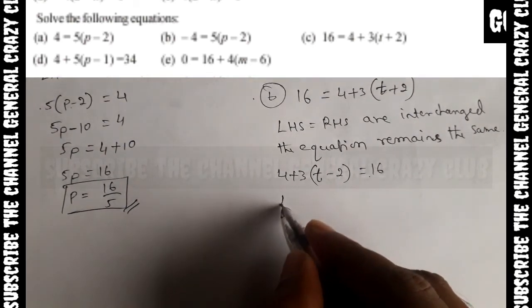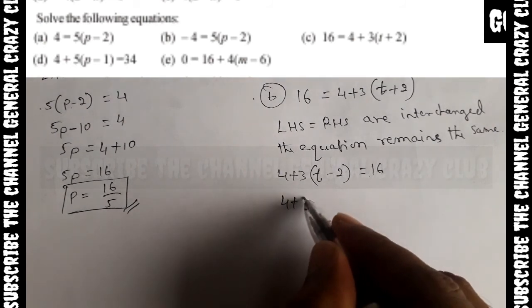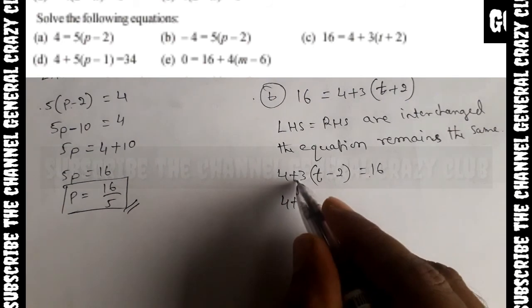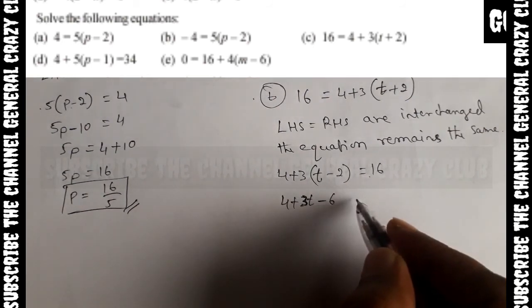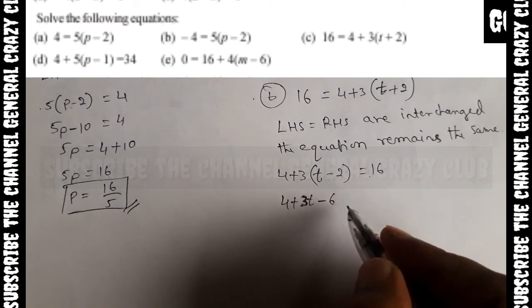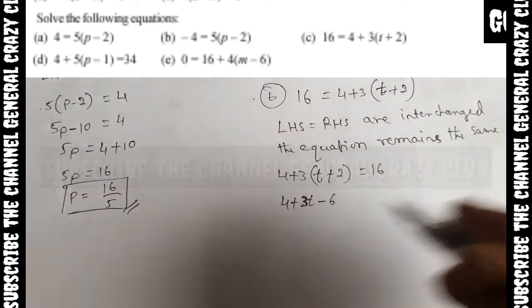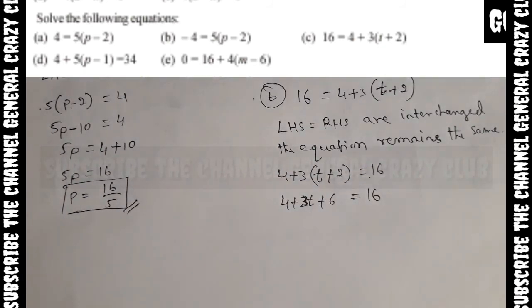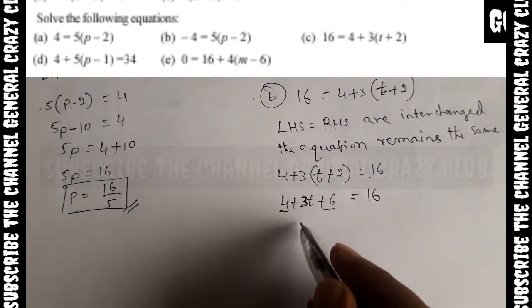Here 4 plus 3 into 1, multiplication with 1, 3t, plus into plus, 3 twos are 6. 3 twos are 6. So plus 6 is equal to 16. Here 4 plus 6, 10.